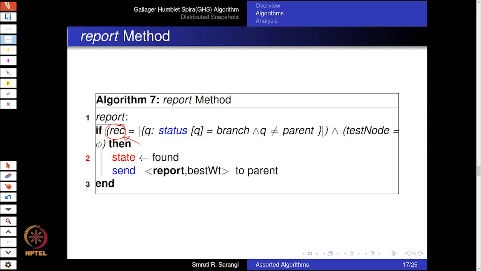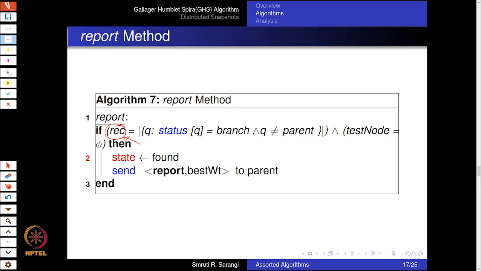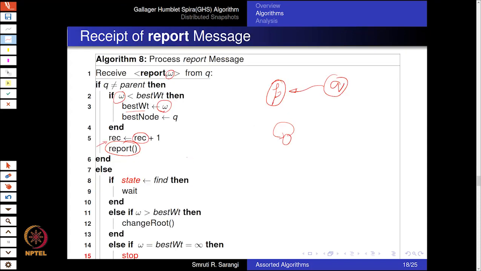I'm assuming that all of these variables are global within the scope of a node. Since I have just incremented this, it is possible that the if condition becomes true and I enter it. If not, there is no problem, I just come back and keep waiting.